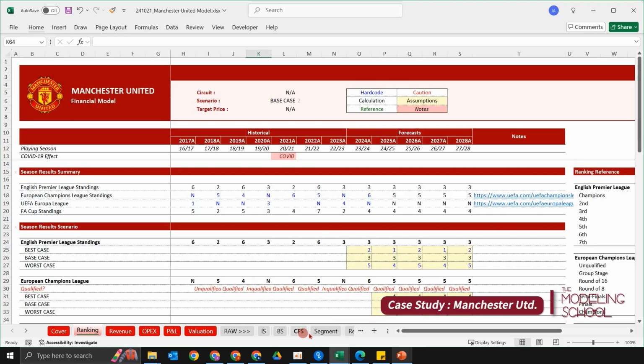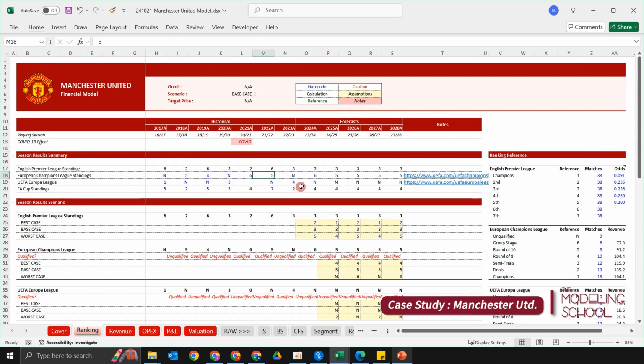So that's pretty much it. This was a rough summary of our financial model for Manchester United. And now what we're going to do is, coming up, we're going to make some updates, because the 23-24 season of the games has been finished. So we're going to update our rankings.